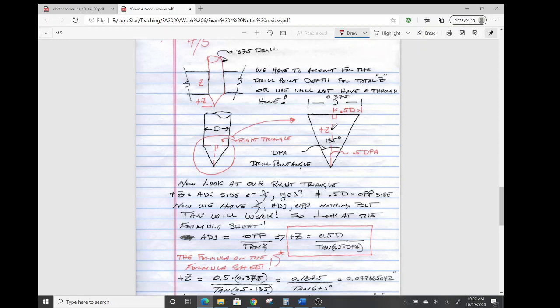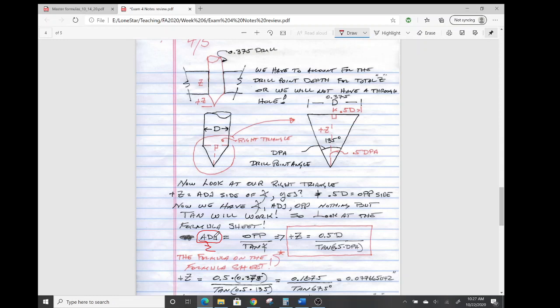You can only use one of the Holy Trinity, and it has to be some form of tangent, and we're solving for the adjacent side, which happens to be Z. Well, that's an ugly looking Z. All right. So the formula is adjacent equals opposite divided by the tangent of the angle.